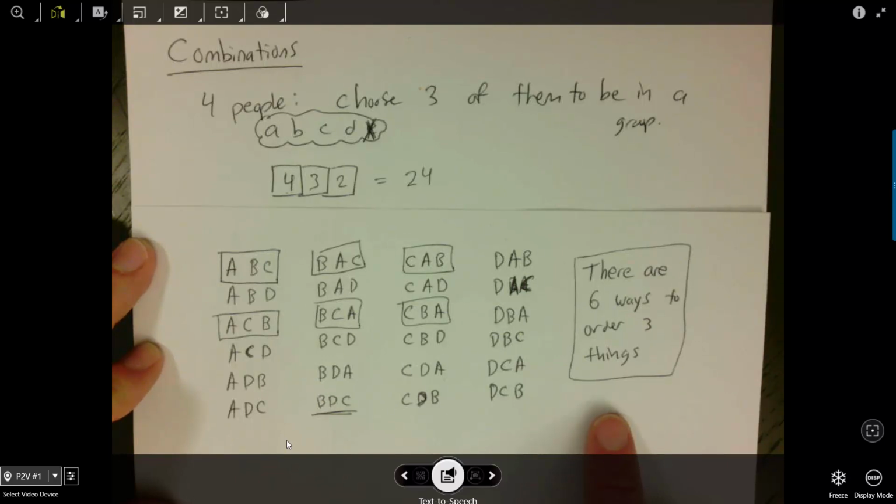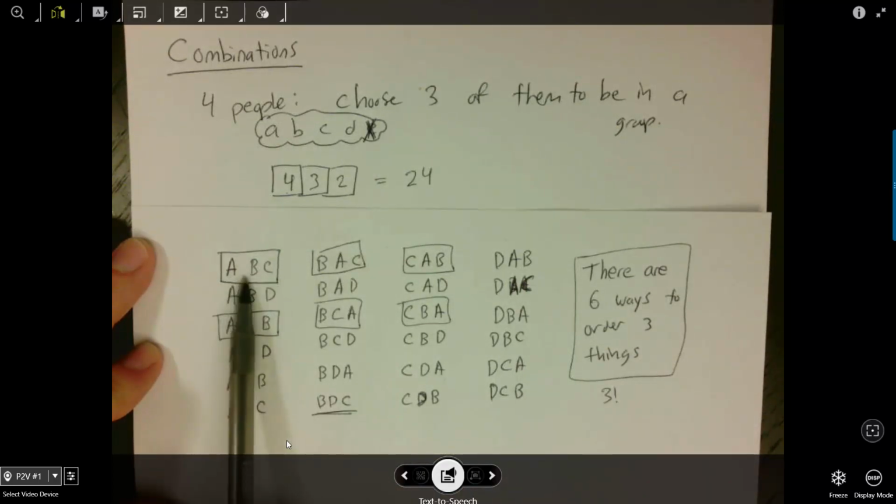That's like asking how many permutations are there for 3 objects. And the answer is 3 factorial, which is the same thing as 6. So that's where this 6 comes from. It's because once we've chosen 3 people, there's 6 total ways of reordering those 3 people, and each of those ways is possible as one of our choices.